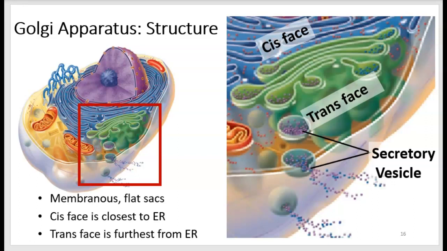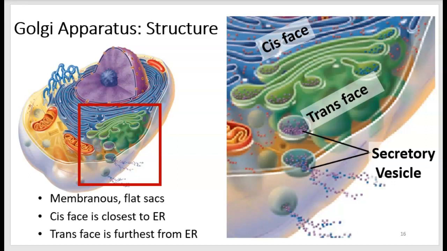The membranes of transport vesicles from the ER fuse with the membranes of the Golgi's cis face. So when a transport vesicle bumps up against that cis face membrane, all the phospholipids fuse together.